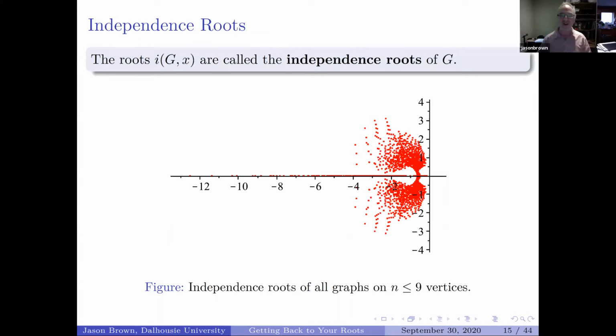What I want to do is understand the picture and understand what is inherently true from this picture for all graphs and their independence roots, and what might only be an artifact of the fact that I've only gone up to order 9.